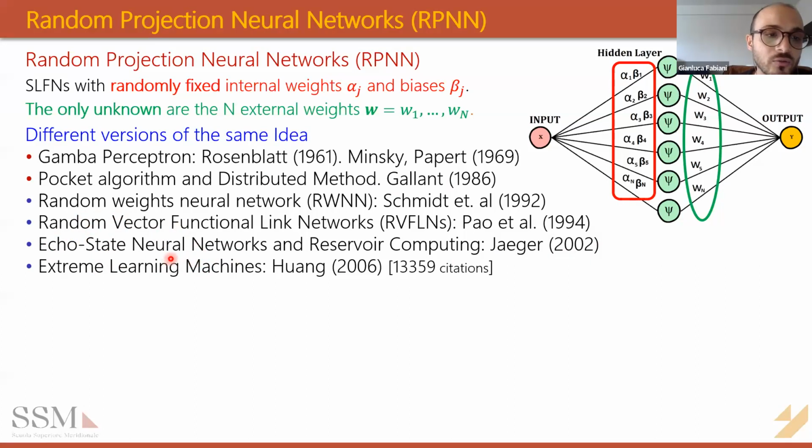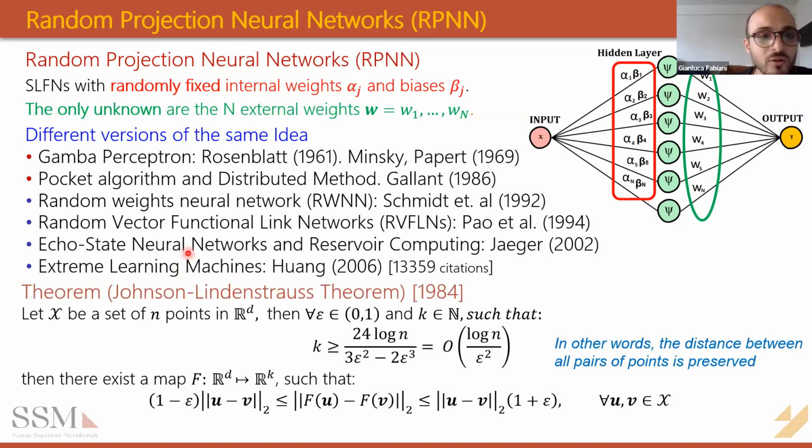This is a recurrent network with the name echo state neural network, and now they all go under the name of reservoir computing. Then after some years arose this fancy name, extreme learning machine, proposed by Huang in 2006. Actually, his paper got a huge amount of citations, but it is also a little bit controversial because he got a lot of plagiarism allegations. So we don't like all these names.